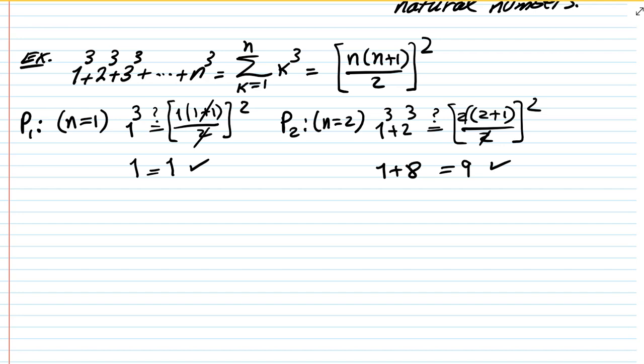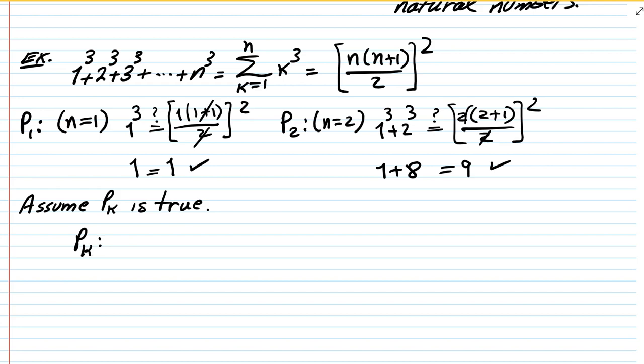Once it works for the first couple of numbers, then we generate our induction hypothesis, and this is it right here. Assume P sub k is true. What do we mean by that? That is P sub k.